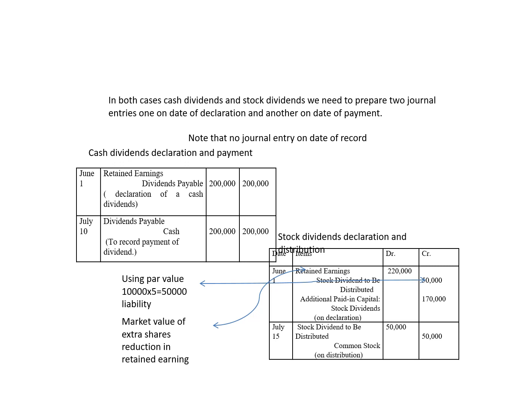On the credit side, stock dividends to be distributed, calculated according to the par value, which is 5 LE per share multiplied by the extra shares. The difference between the two sides, as usual, is additional paid in capital, stock dividends. So you subtract 50,000 from 220,000, and you get 170,000 additional paid in capital.